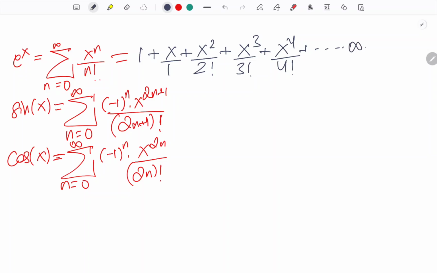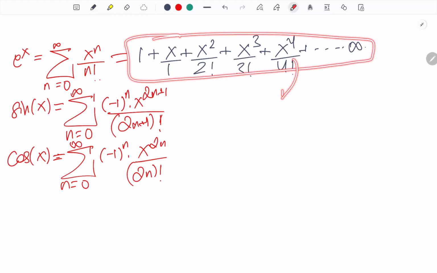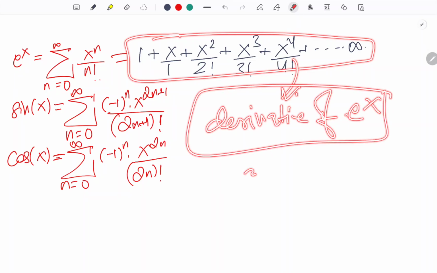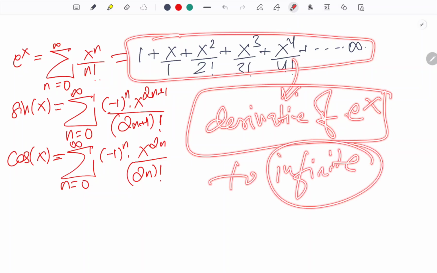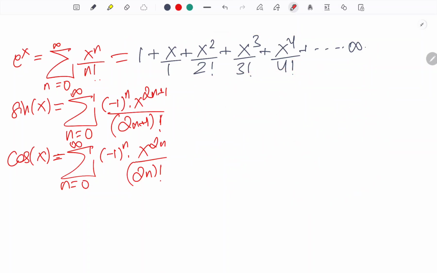This thing is related to the derivative of e to the x to infinity. We'll talk about it. Just remember this thing.